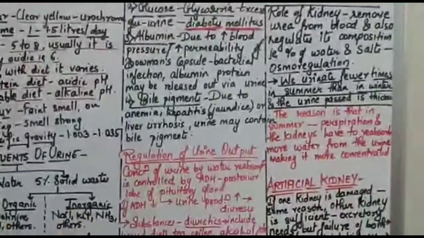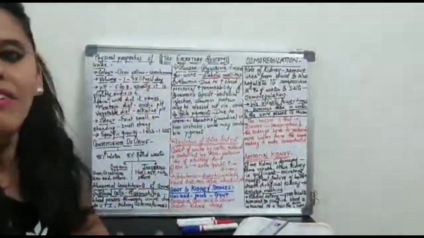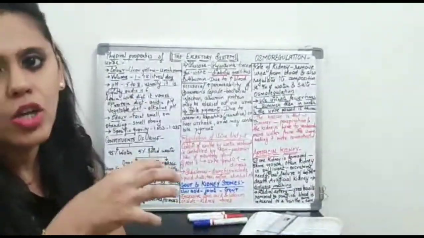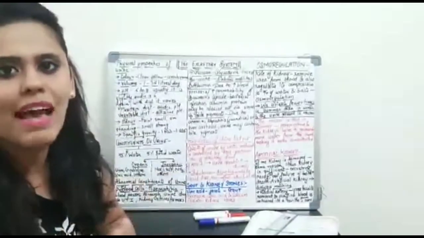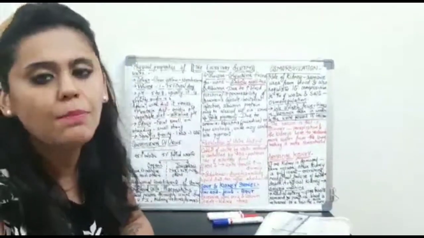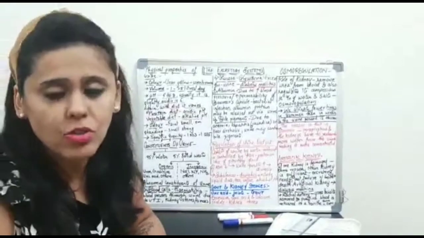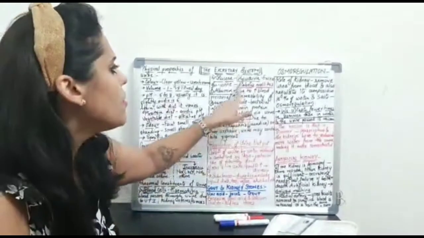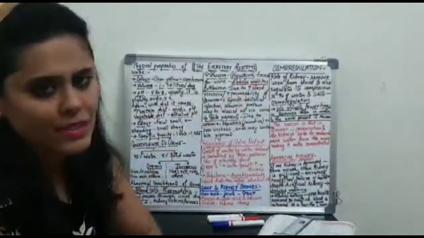So when the person has glucose in the urine, the person is suffering from sugar diabetes, or diabetes mellitus.